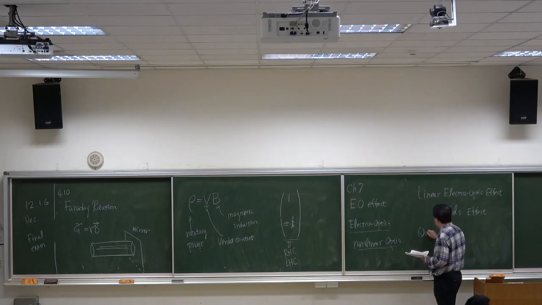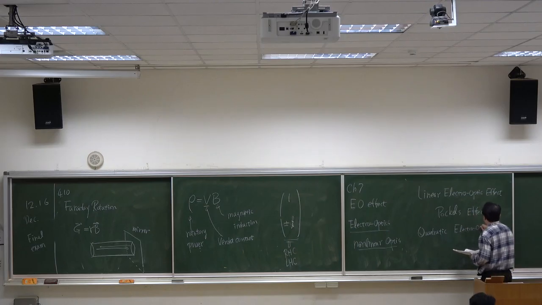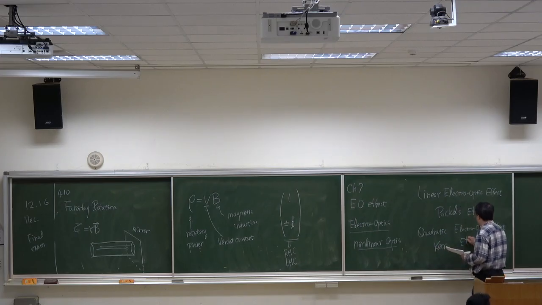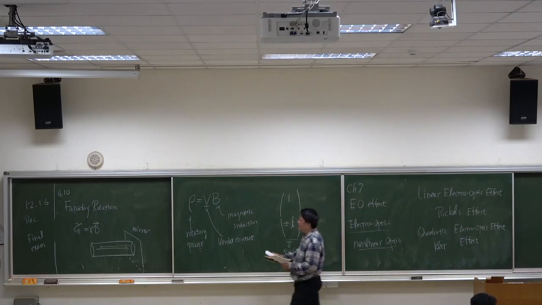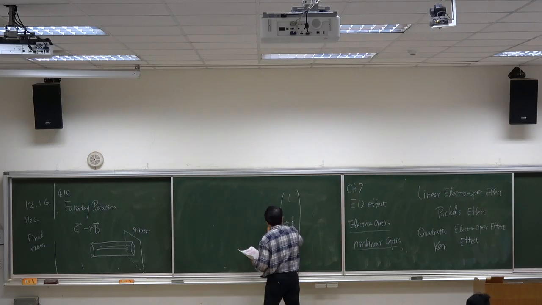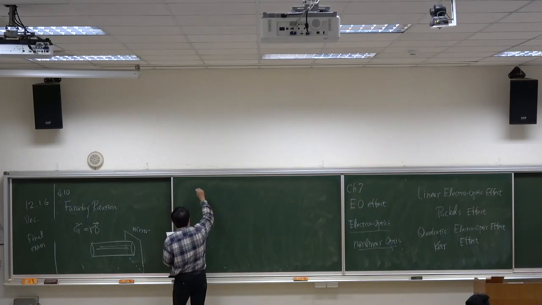Quadratic is called Kerr effect. OK，好，那我们基本上是集中在这两个，就是说一个叫 Pockels effect，一个叫 Kerr effect。好，那 Pockels effect 跟 Kerr effect，你合起来讲的话，你可以这样想，就是说。Consider the index ellipsoid.